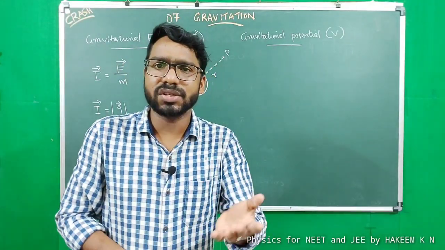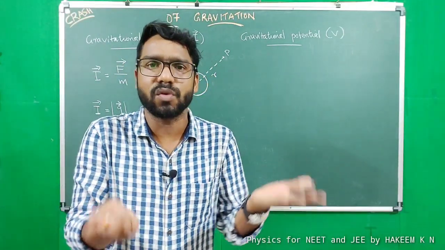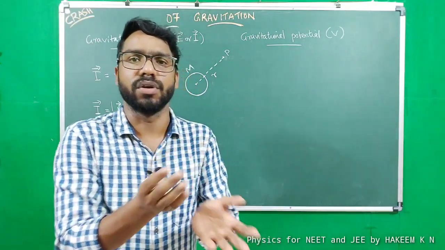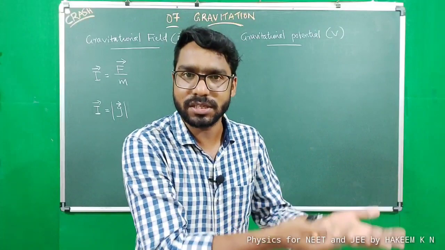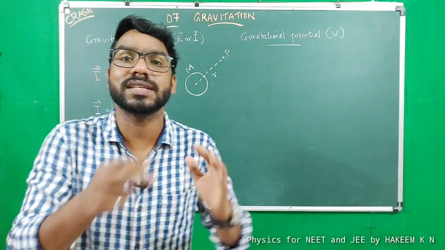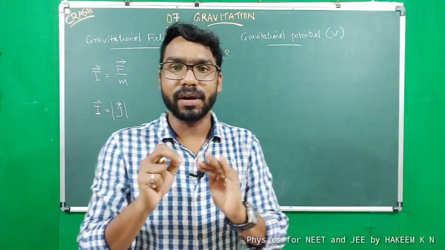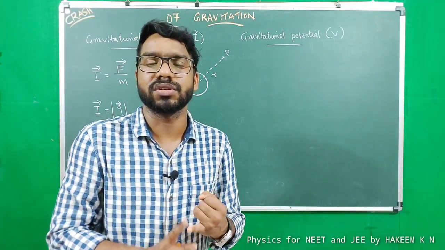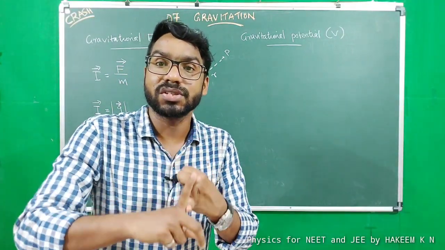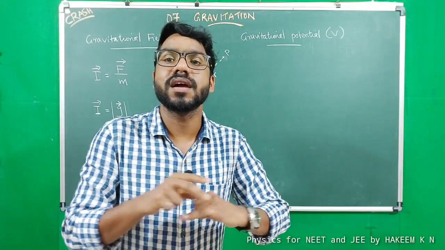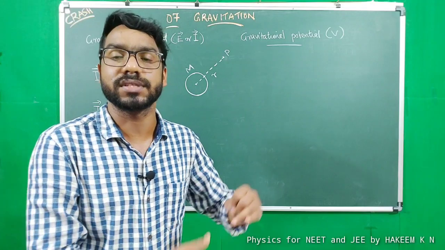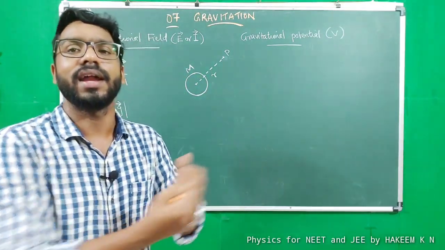So acceleration due to gravity is positive or negative according to the condition of the body. If its speed increases, it is positive, and if its speed decreases, it is negative. But gravitational force and gravitational field intensity are always negative, because the gravitational field is attractive.